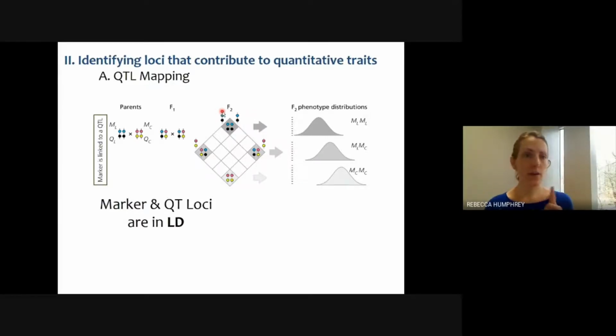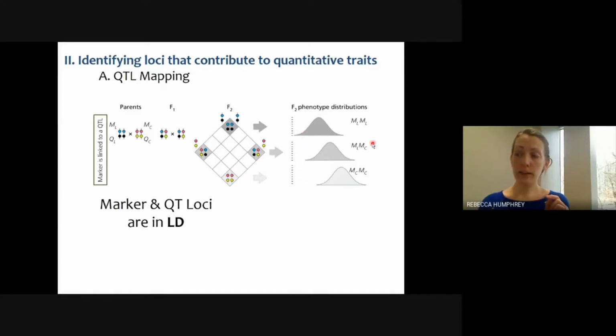We don't yet know, QTL analysis doesn't tell us what this possible black gene is. Okay, it just tells us that individuals who are homozygous for this marker locus share phenotypes in common with each other.